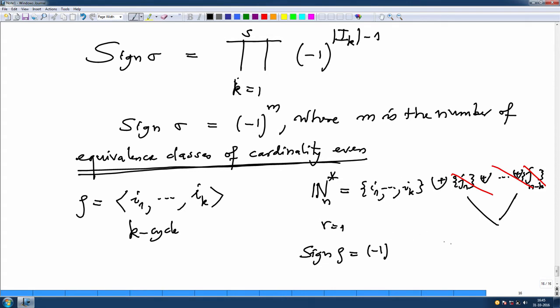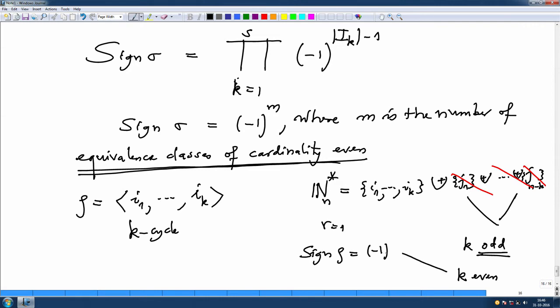If k is odd, then this is also odd cardinality, so it does not contribute, because minus 1 power this will be even. So, it only contributes when k is even.